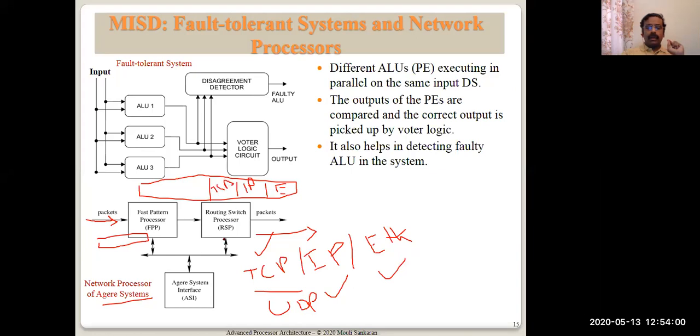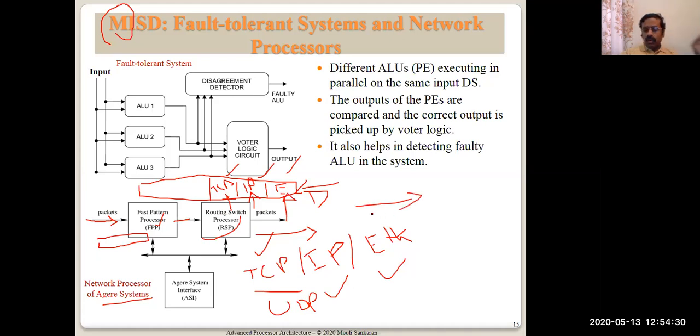Each of those units here runs different programs. Multiple instructions running on a single data, which is a packet. One program will be looking into the Ethernet frame, one into the IP header, and another one at TCP, processing them independently, one after the other. After all the processing is done, the packet goes out.